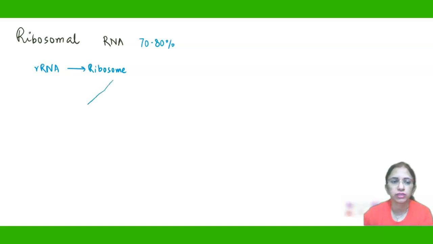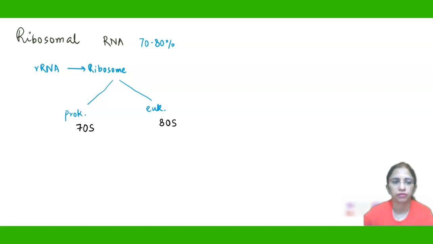Now you must be knowing, because this topic was there in grade 11, in prokaryotes and in eukaryotes, ribosomes are different. In prokaryotes, they are 70S. In eukaryotes, they are 80S.